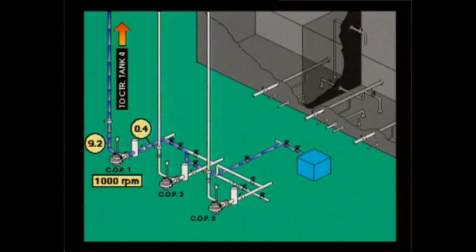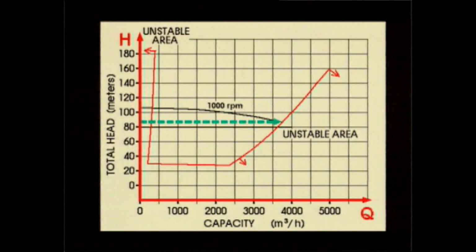Discharge side shows 9.3 kilograms per square centimetre, and the suction side 0.4 kilograms per square centimetre. You are pumping seawater with a specific gravity of 1.025. From the HQ curves, you can see you are pumping approximately 3,700 cubic metres an hour.